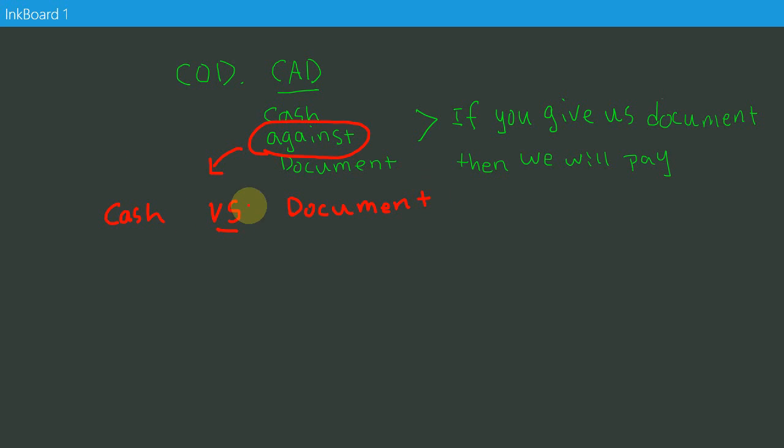Then cash and document should be exchanged, that is the meaning of versus. In this case, the document here means shipping document.